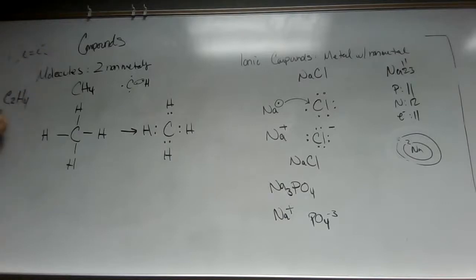I can also have C4H8. These are different molecules, they're different compounds. Even though the ratio of carbon to hydrogen is 1 to 2 in both cases, it has discrete bonds, so they're different compounds, unlike with the ionic compound.